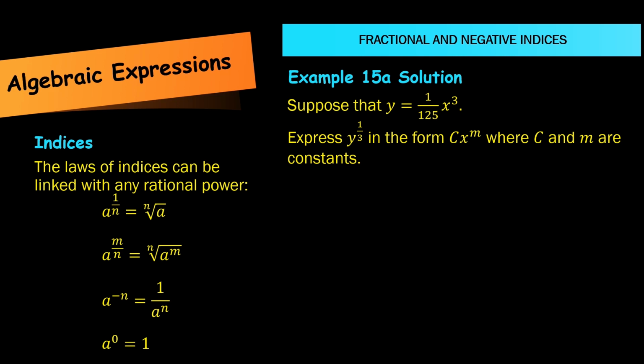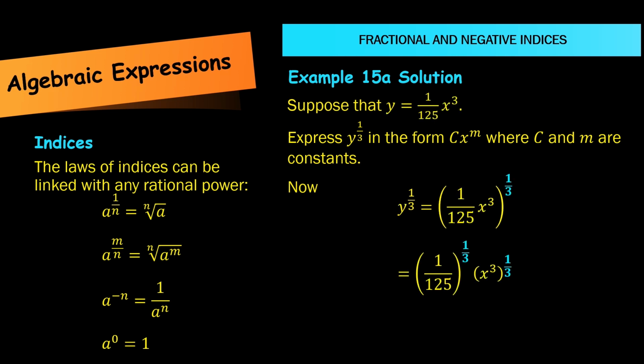Now y to the 1/3 can be rewritten as shown. This gives us the expression on the screen. We've used the law ab to the power n equals a to the power n times b to the power n. We can simplify the constant first, so cube root of the whole expression, and in particular we're cube rooting 125.